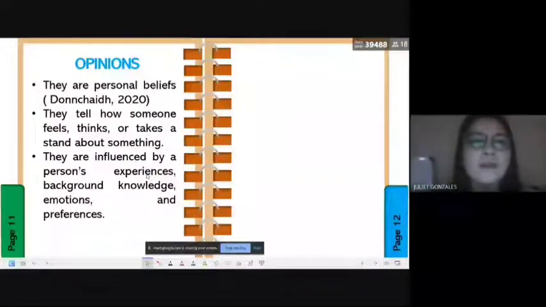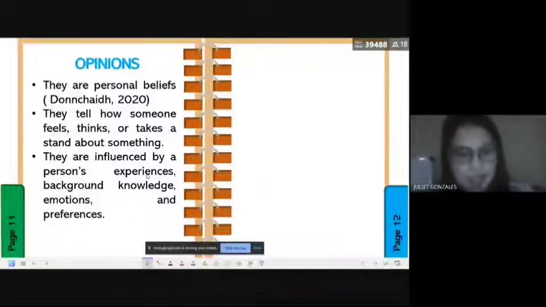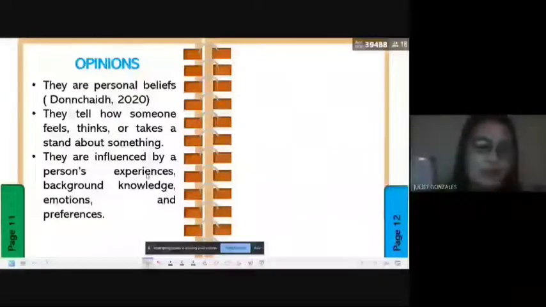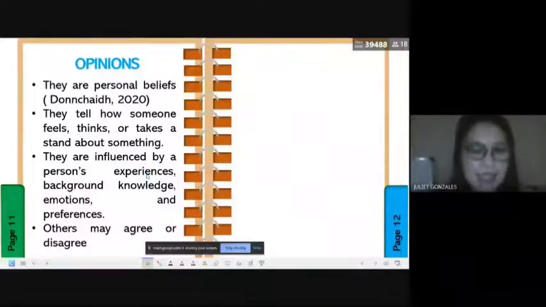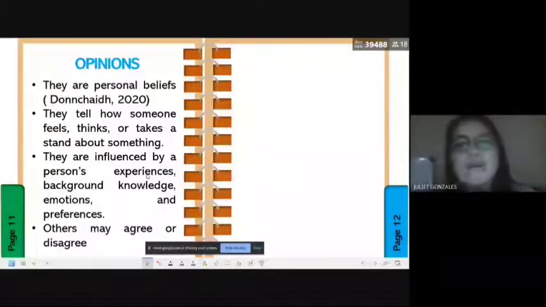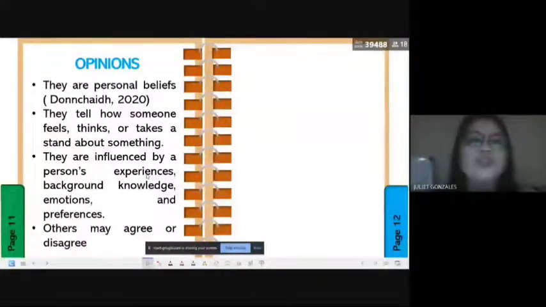Next, they are influenced by a person's experiences, background knowledge, emotions, and preferences. So usually opinions are influenced by a person's experiences, prior knowledge, and preference. And other people may agree or disagree with his or her belief. That is what we consider opinion or opinions.